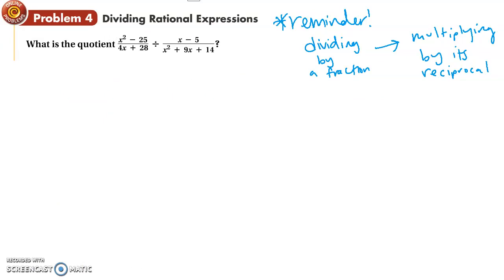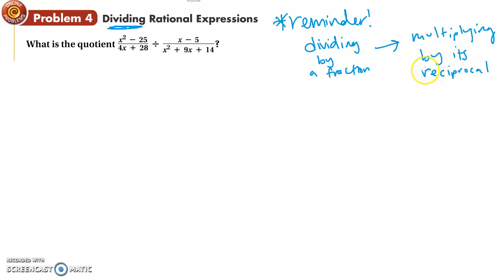Now so far all of the problems we've done have dealt with multiplication, but what if they ask us to divide? Well, healthy reminder for us, that dividing by a fraction is the same thing as multiplying by its reciprocal.